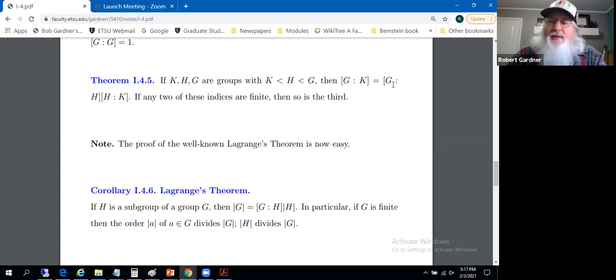If I've got this equals that times the other thing, and any two of those are finite, then certainly the third one is. There's little really to prove, more of an observation. If we're dealing with finite things, then I could do some division, maybe dividing both sides by the index of G and H or something like that. We could actually do division if these things are finite.